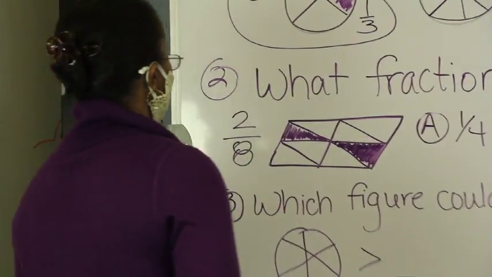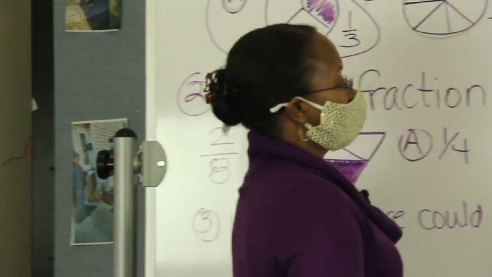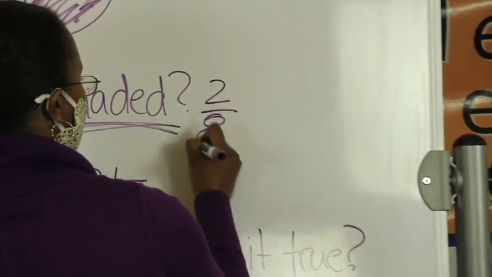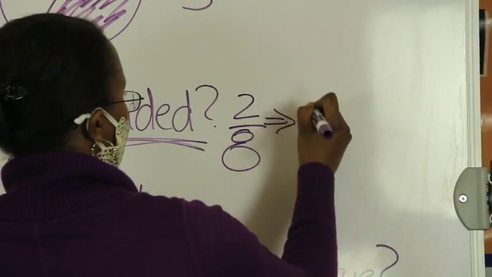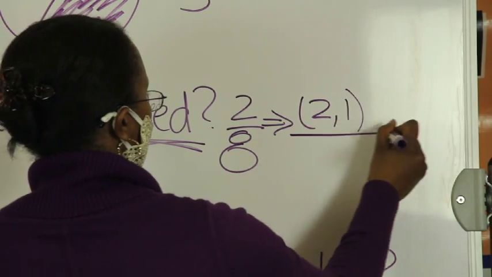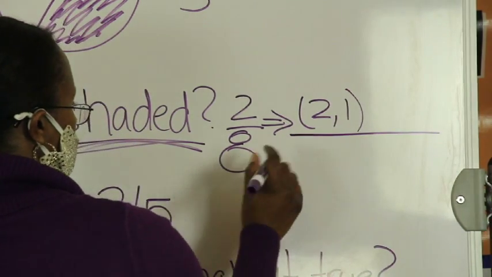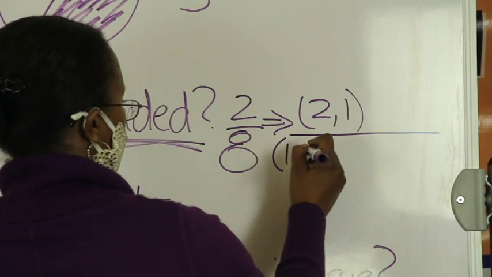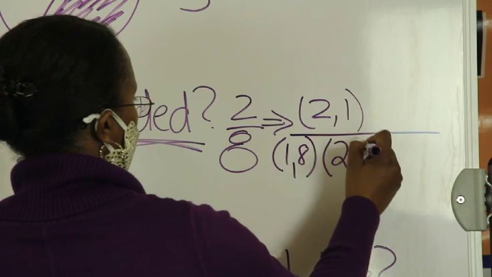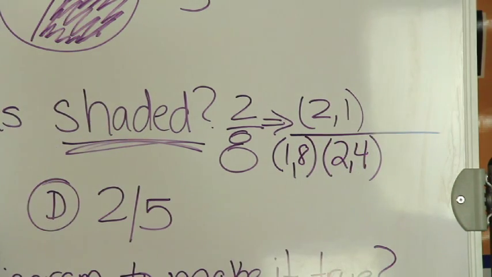So if we reduce the fraction, I'm going to take it all the way over here and put the 2 and the 8, and we're going to do our factors, okay? So 2 and 1 is one set of factors, and of 8, you have 1 and 8, you have 2 and 4, and I think that's all.